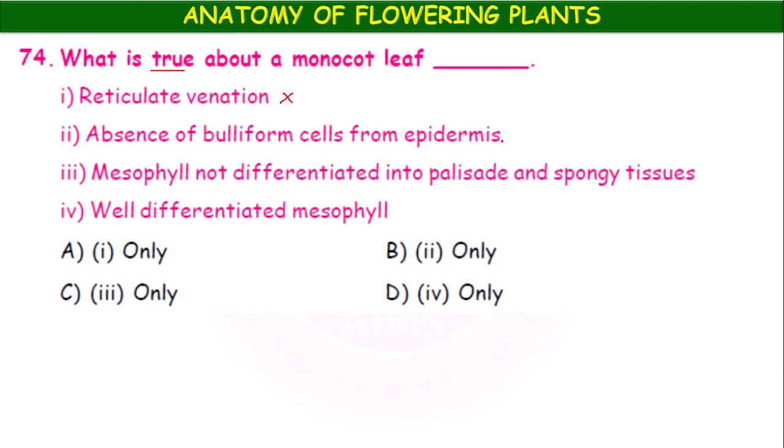Bulliform cells are actually absent in dicot leaves. The mesophyll is not differentiated into palisade and spongy, this is correct. Well differentiated mesophyll is present in dicot leaves. So 1, 2 and 4 are characteristic features of dicot leaves. Only 3, that is option C, is correct.